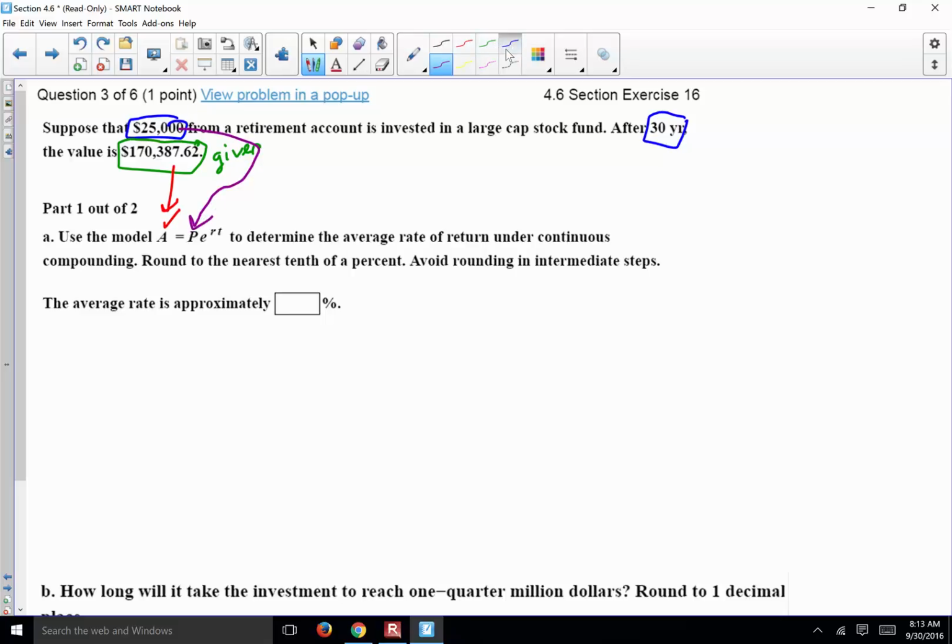And how long this money is kept in this account is given. T is given. So what is asked? The rate is not given. This is asked. There should always be one variable missing. Out of four things, three will be given, and R is asked. Okay?